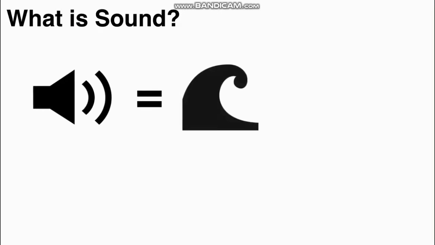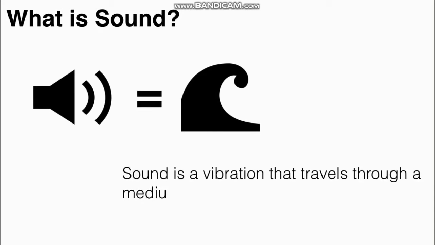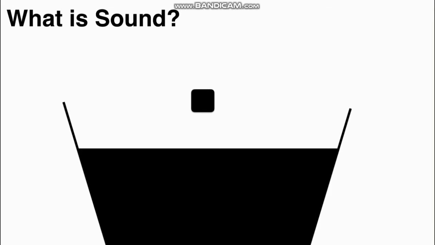What is sound? Sound is a wave, a vibration that travels through a medium like air or water. If you drop a rock into a bucket of water, you disturb the surface of the water and create ripples.